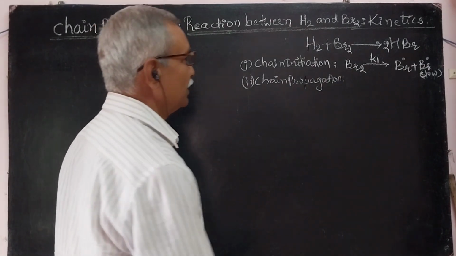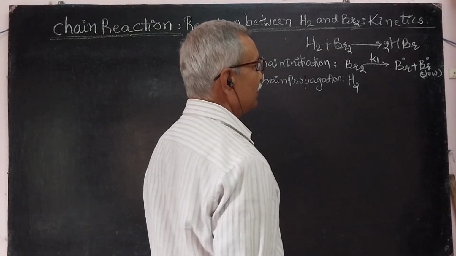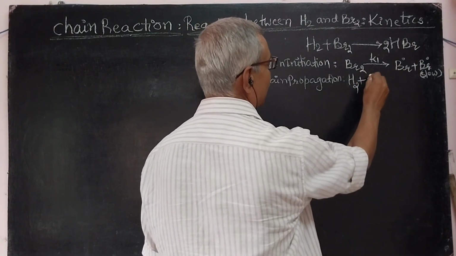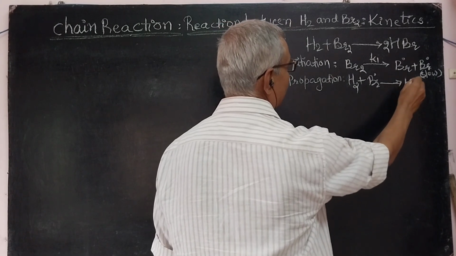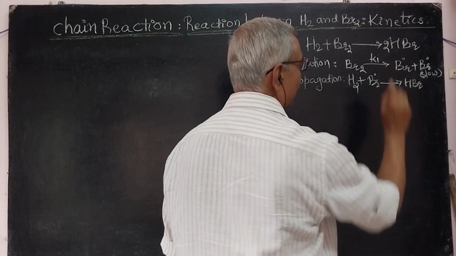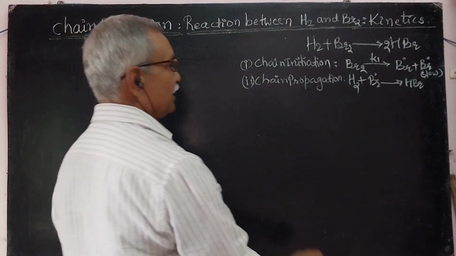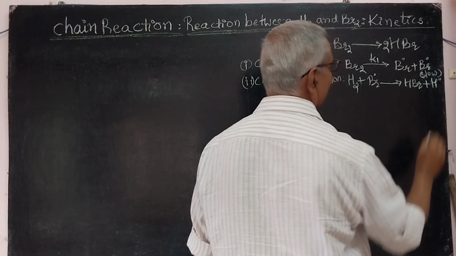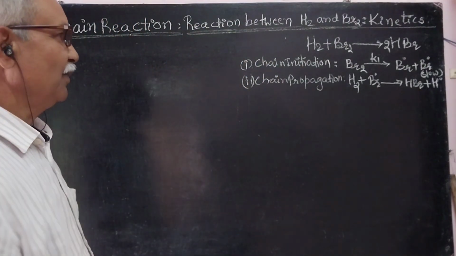Chain propagation. Here another reactant is hydrogen. It reacts with the active intermediate, that is Br dot, and gives HBr, and another active intermediate or chain carrier, that is the hydrogen atom or hydrogen free radical, is formed. Here one product is formed.